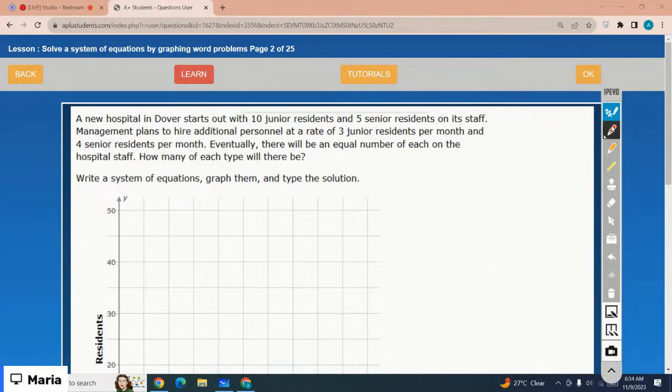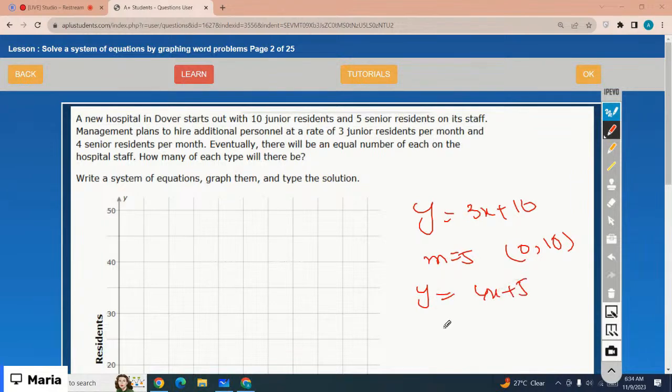Okay, the equations are y equals 3x plus 10, so slope equals 3 and the y-intercept is 0 and 10. The second equation is y equals 4x plus 5, so slope equals 4 and the y-intercept is 0 and 5.